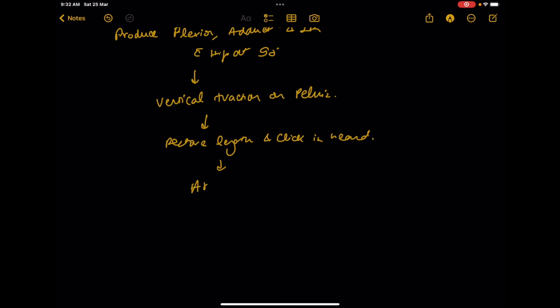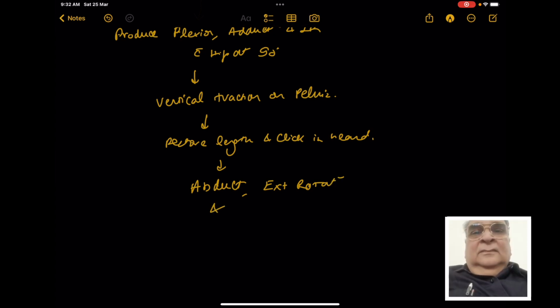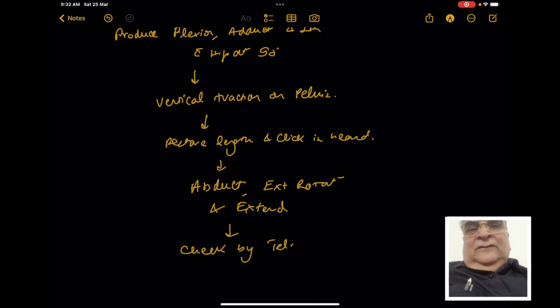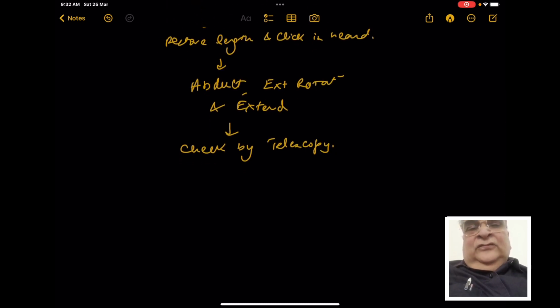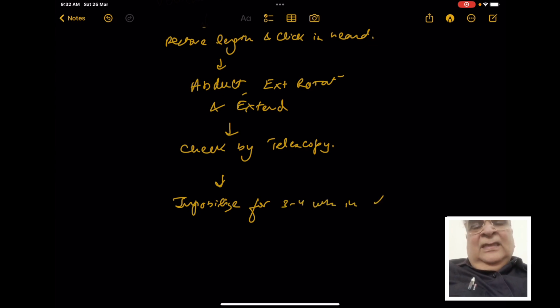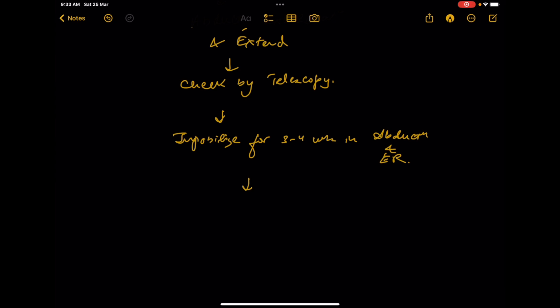We would check for instability in 90-degree flexion by telescoping the thigh. We would immobilize in abduction and external rotation for 3 to 4 weeks, in which isometric exercises and straight leg raising would be given to maintain muscle tone.